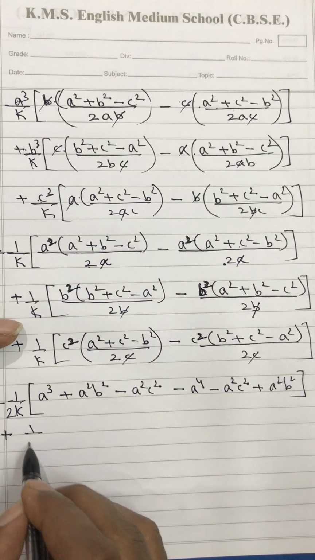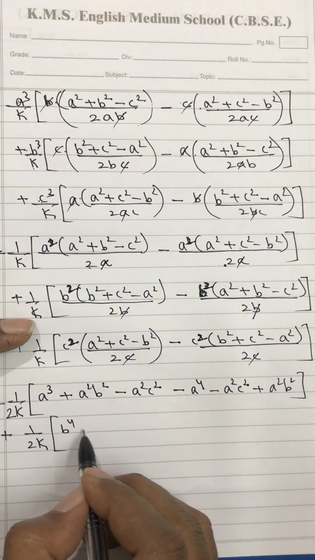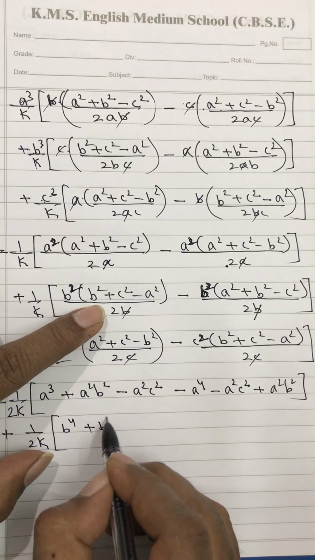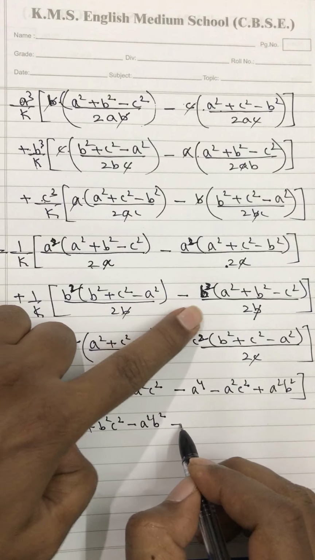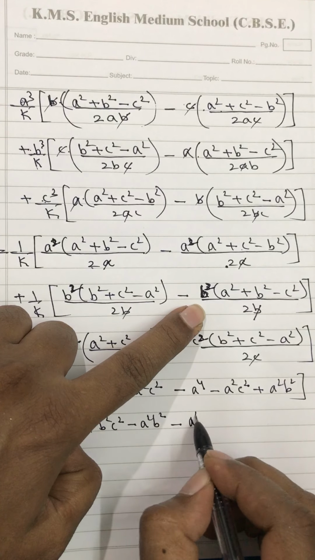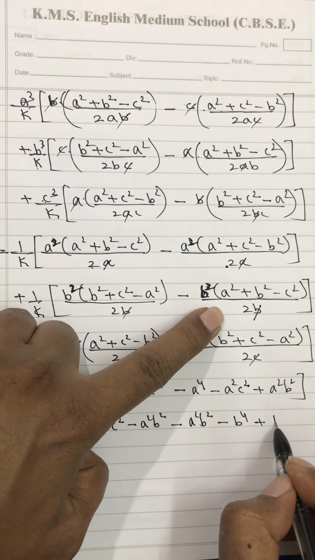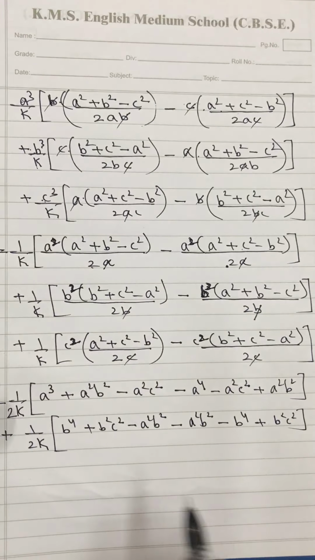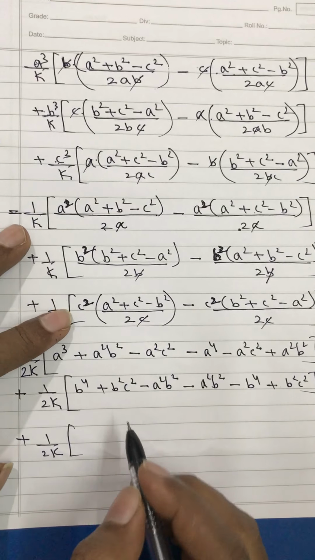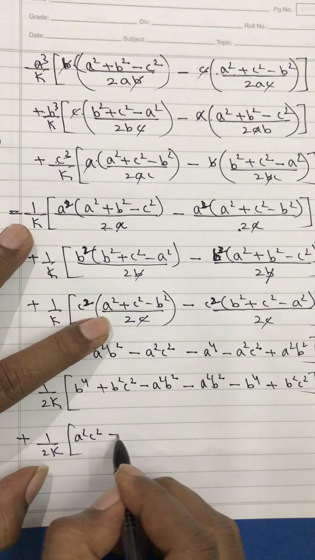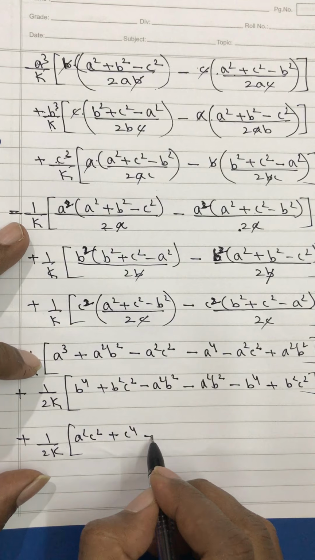Plus again here 1 upon 2k, b raised to the power of 4 plus b square c square minus a square b square minus a square b square minus b raised to the power of 4 plus b square c square. Again plus 1 upon 2k, here I will get a square c square plus c raised to the power of 4 minus, how come I didn't get over here?